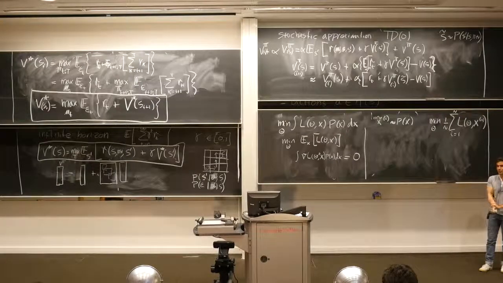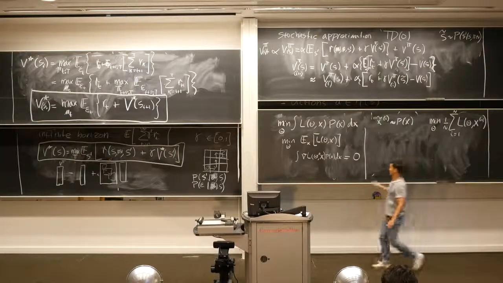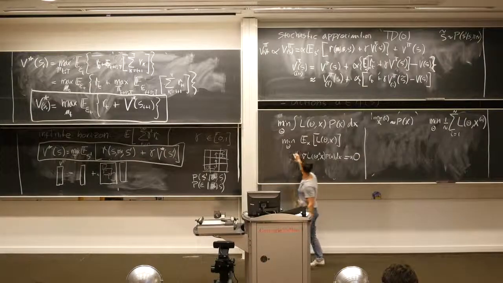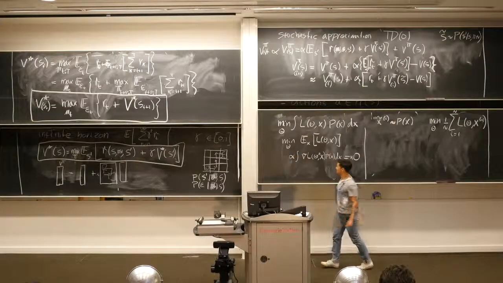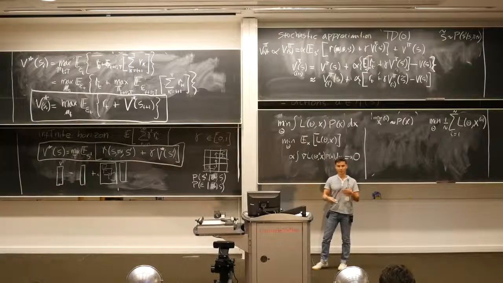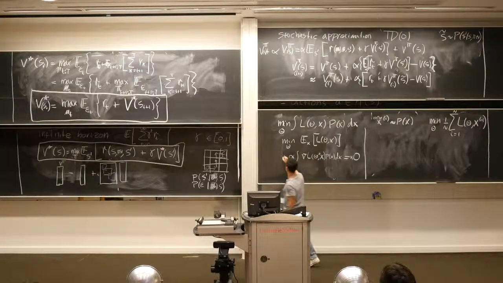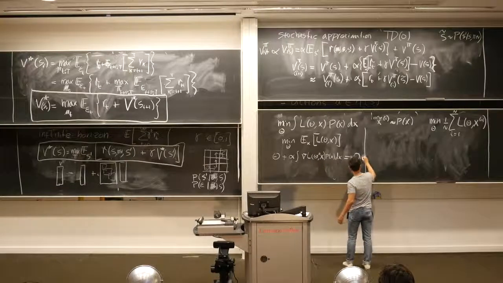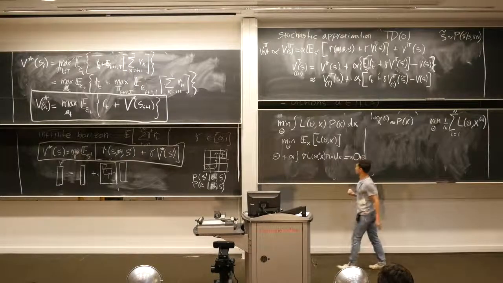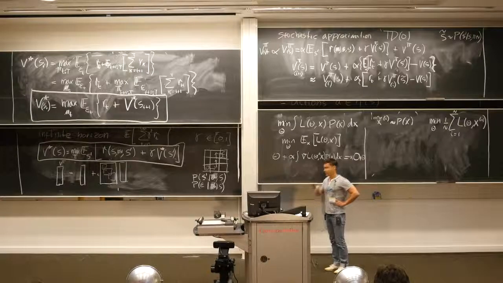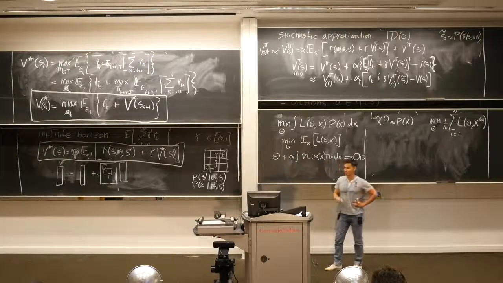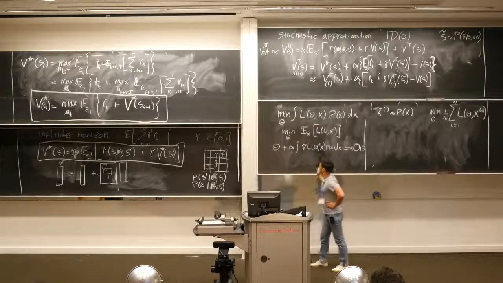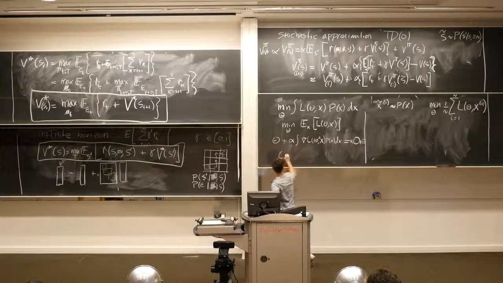And now I'm going to do exactly what I did in order to derive the TD0 algorithm. I multiply both sides by alpha. In this case, I'm in the parametric world, so instead of adding the function, I'm going to add parameters on both sides. And I'm going to draw samples from p of x. And I have my algorithm.